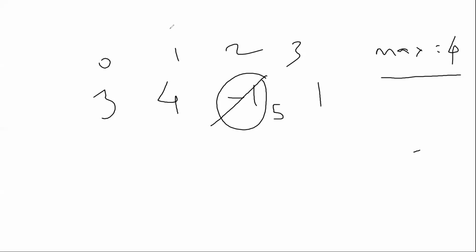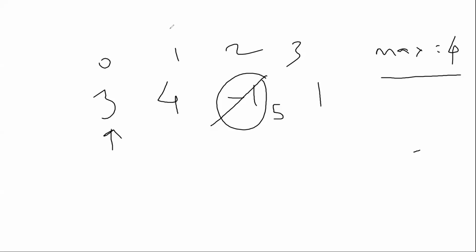In the next step, I'm iterating over all the numbers and simply marking them. When i equals 0, the number is 3, so we'll mark the index.